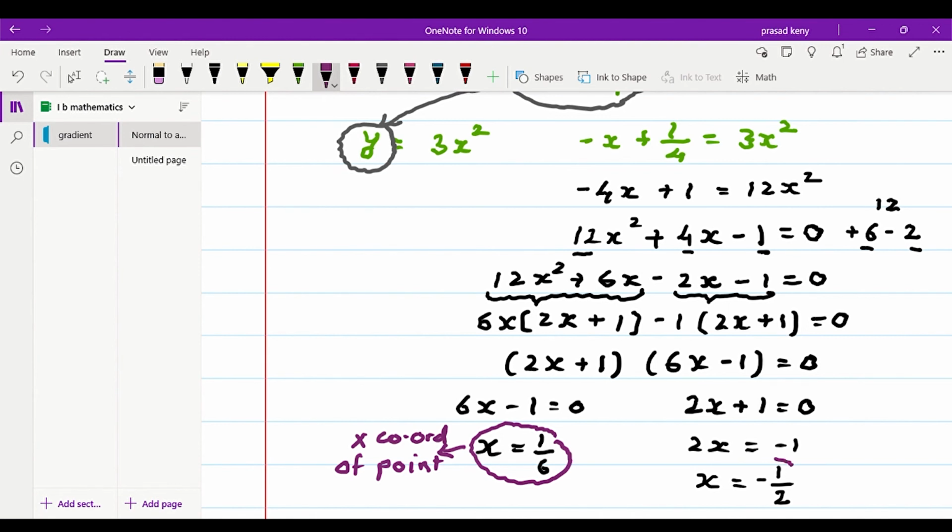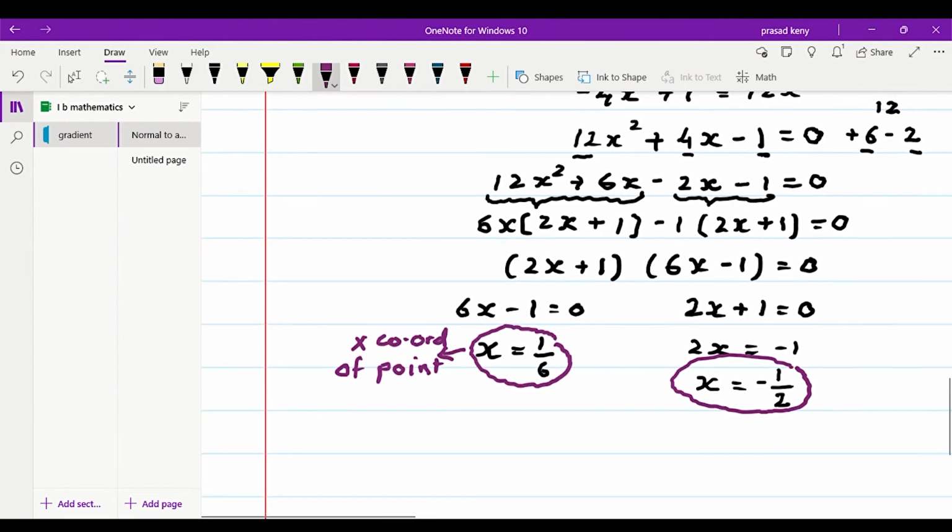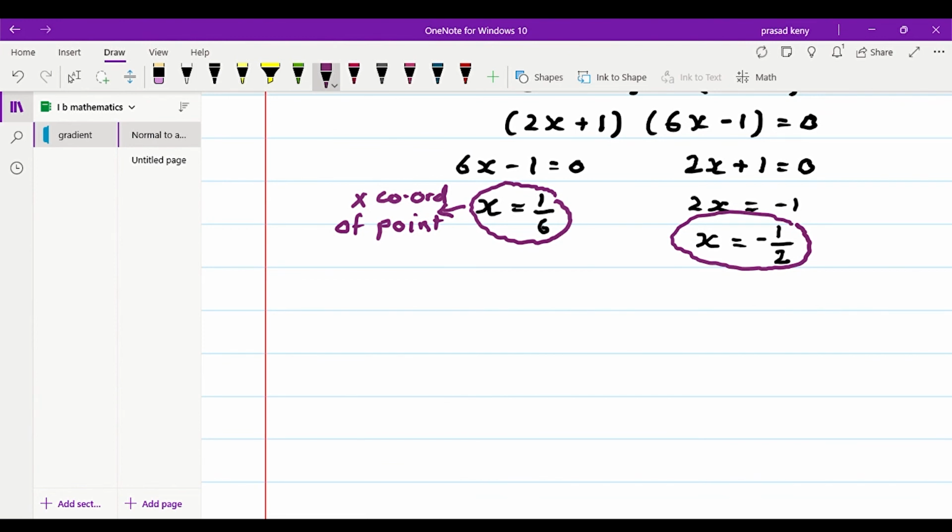So you are getting x is equal to negative half. So that will be the x coordinate of point Q. Now, this x coordinate of point Q, substitute in the equation of the curve or the equation of the normal. Any one you can do because it is a common point.